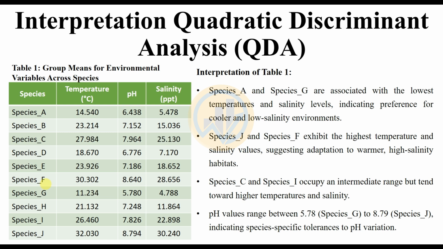Species G and I occupy an intermediate range, but they tend toward higher temperature and salinity. The pH values range from 5.78 for species G to 8.79 for species J, indicating species-specific tolerance to pH variations.